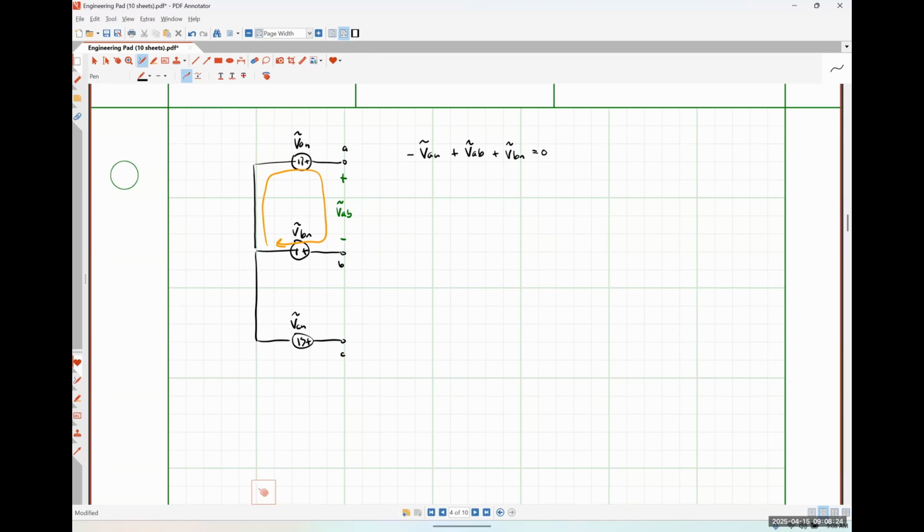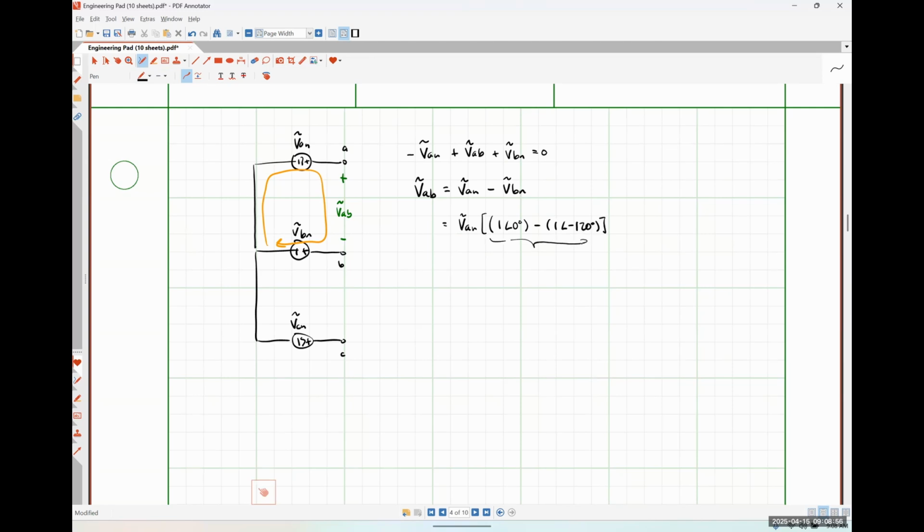I could rearrange this and I could say that VAB is equal to VAN minus VBN. And in a balanced three-phase system, I know that VBN is the exact same thing as VAN, just shifted by 120 degrees. So that's going to look like VAN times 1 angle 0 degrees minus 1 angle negative 120 degrees.